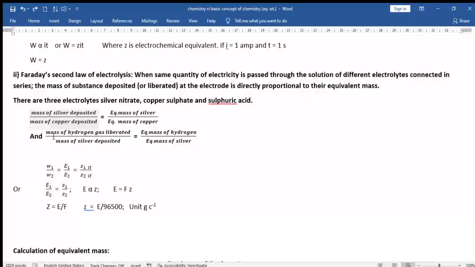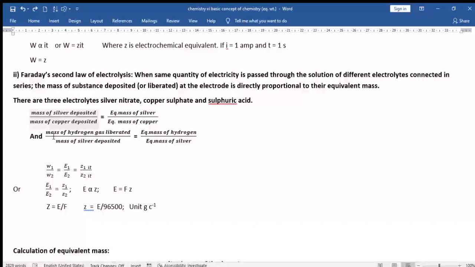He connected all three electrolytic solutions in voltameters, connected them to the electricity, and passed the electric current through these solutions.